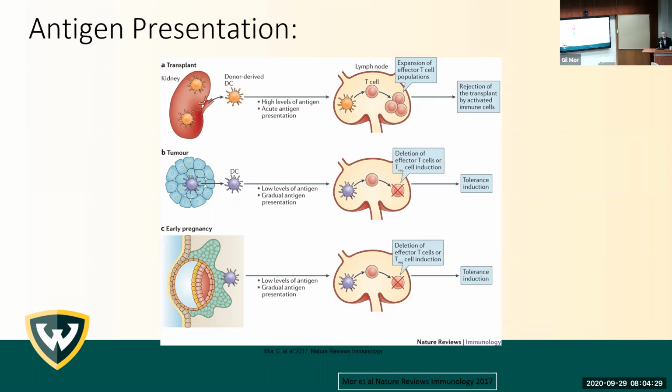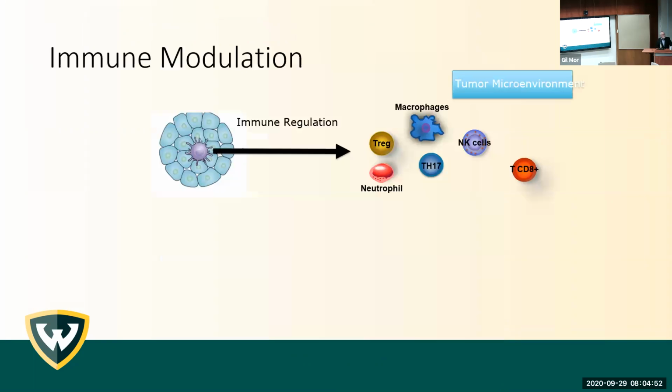It is a different type of tolerance, more a regulatory tolerance that is happening at the implantation site. Not suppression, it is a regulation, because you need to maintain a strong innate as well as adaptive immune system in order to protect against infections. We will finish that tomorrow.